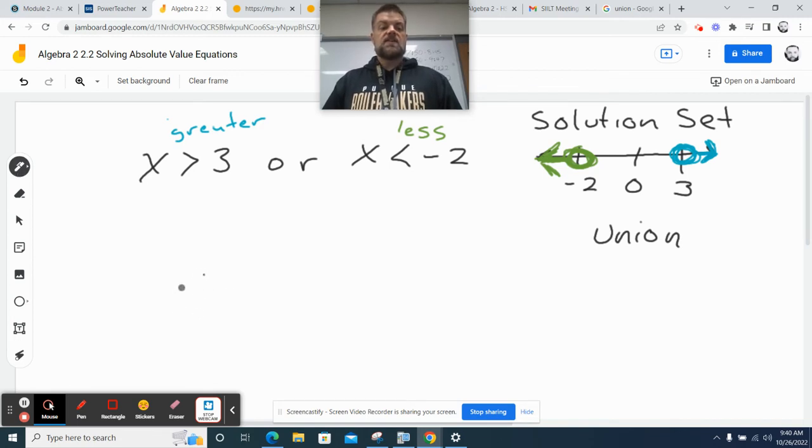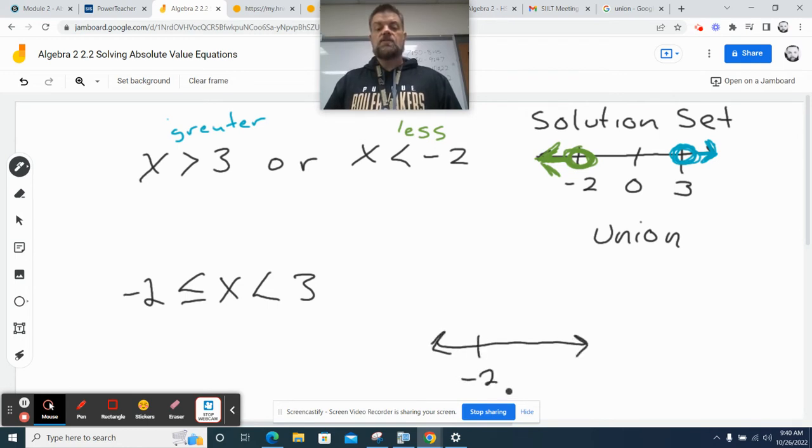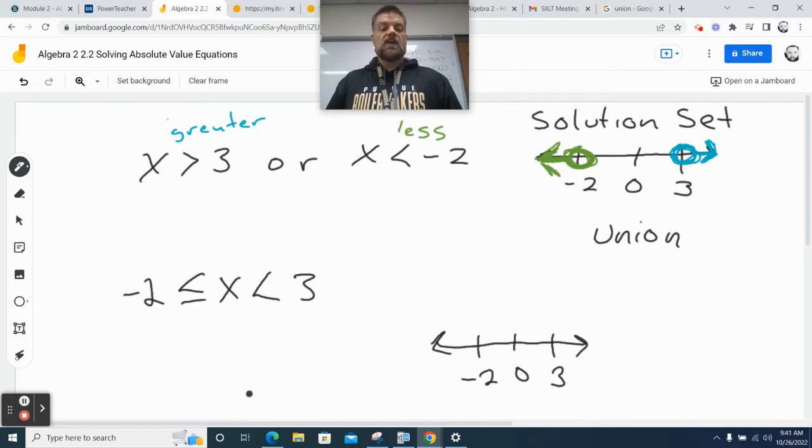Now, sometimes we're going to have something that looks like this. Now, this one, when we go to graph it, we still have the same two numbers of interest. We have -2 and 3. It's changed a little bit.